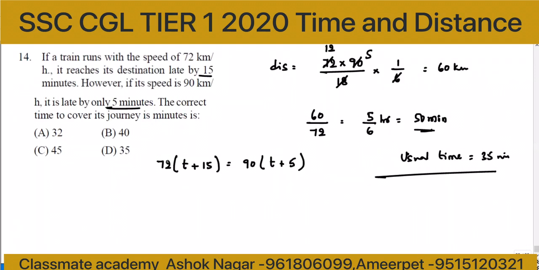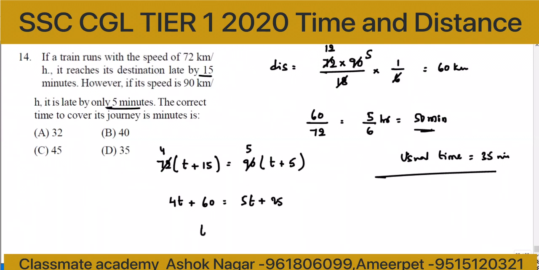Find out T. For T plus it is in terms of minutes, so T will also be in minutes. 5T plus 25.